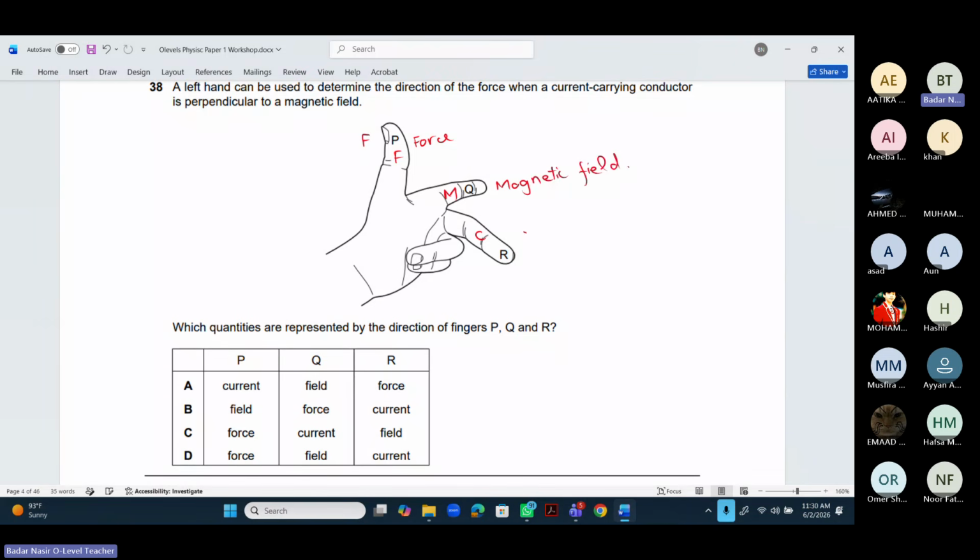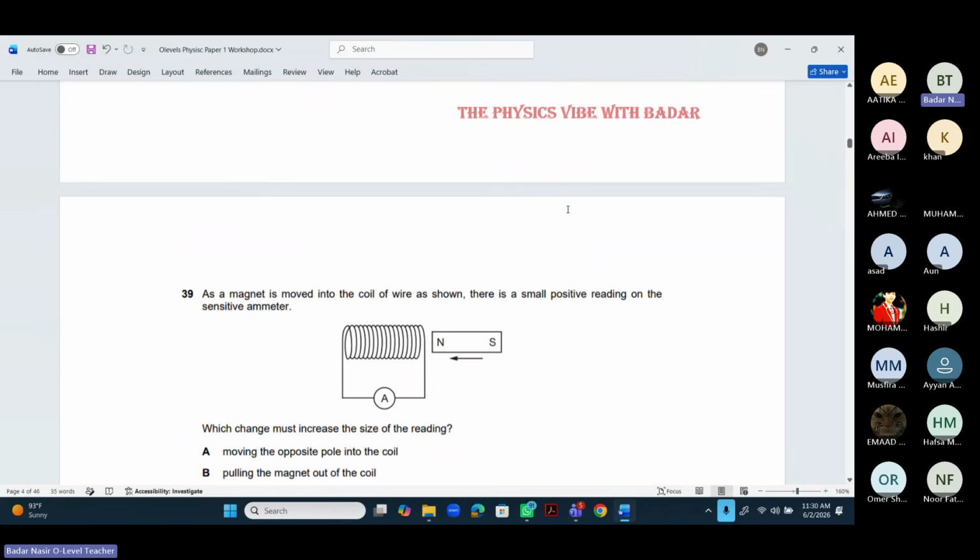Now it is asking which quantities are represented by the direction of figures P, Q, and R. So P stands for the force, Q stands for field, and R stands for the current. So the answer to question 38 is D.